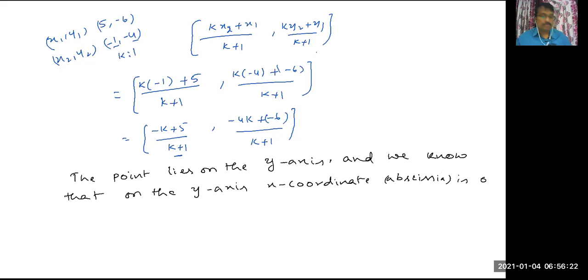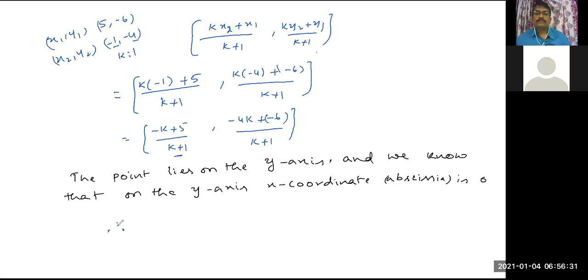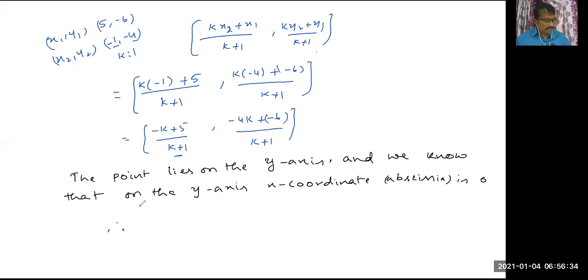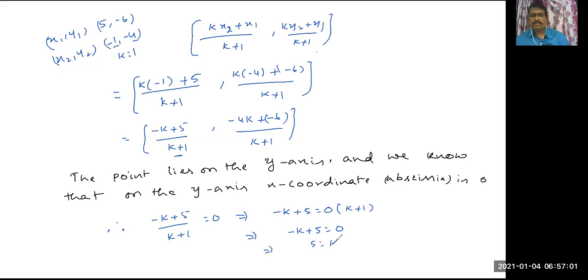So therefore minus k plus 5 by k plus 1 is equal to 0, implies minus k plus 5 is equal to 0, because 0 into k plus 1. So 5 is equal to k.